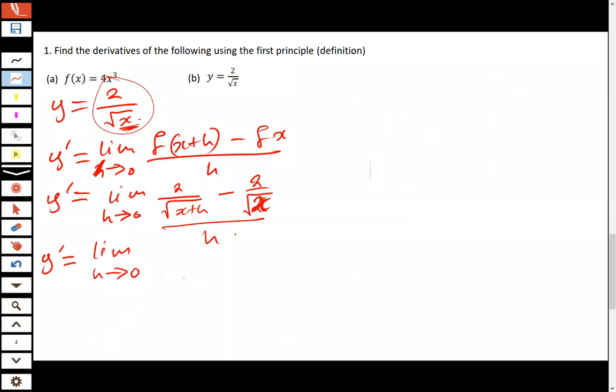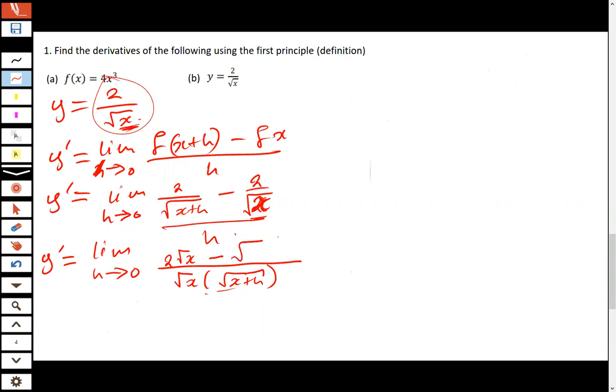So on top here, if we find the common denominator, we're going to have the root of x multiplying the root of x plus h. Then when we multiply this into that, we're getting the root of x times 2, we're getting 2 root x. And then we also have minus this part into this part, we're getting this.